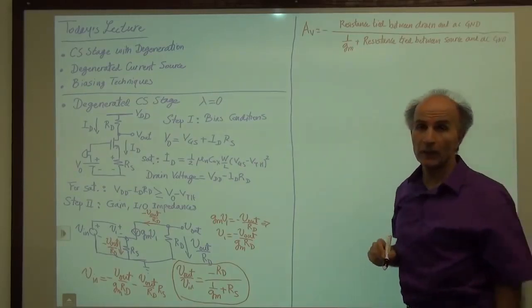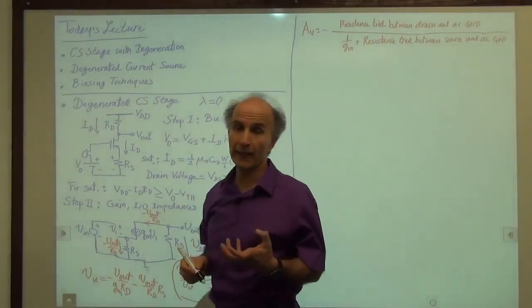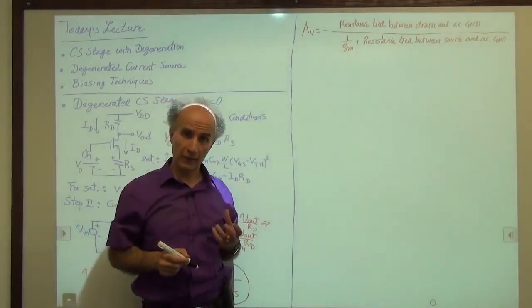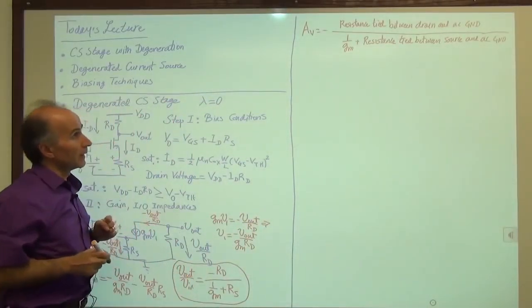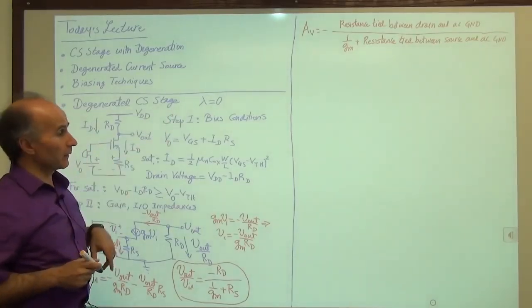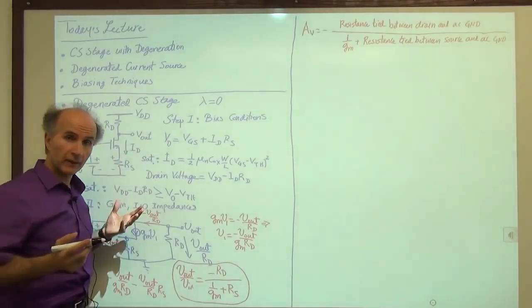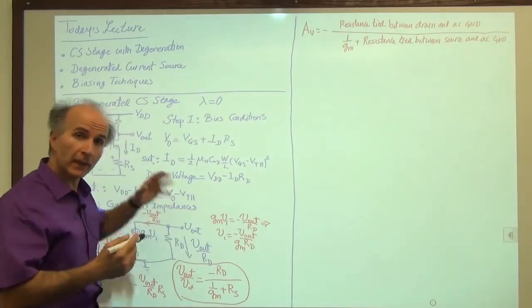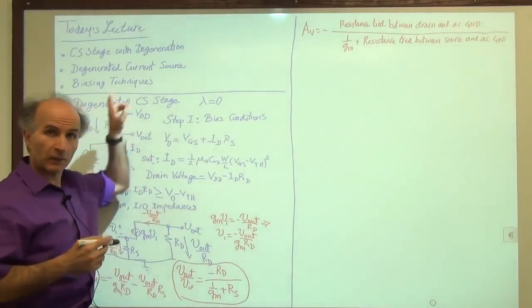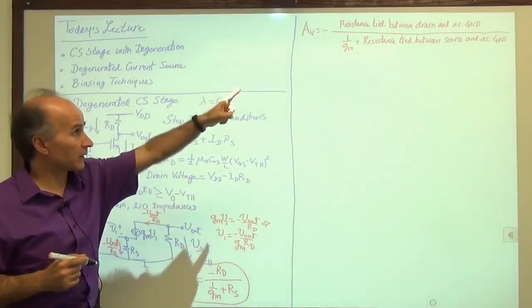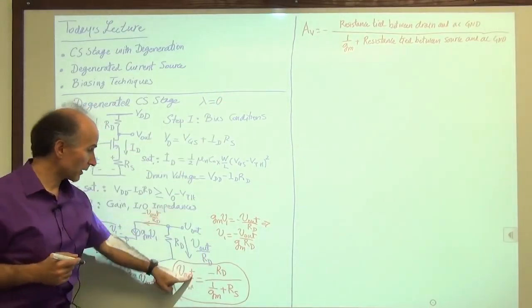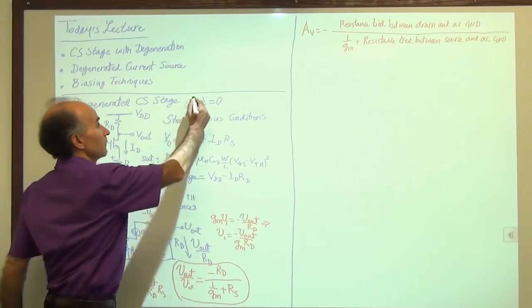So that's how we try to intuitively understand how this voltage gain expression is written. Okay, so once we have that, then if we have another more complex circuit and it can map into this topology, then we can readily write the voltage gain for it. Keep in mind that that expression and this expression are valid only for this case.